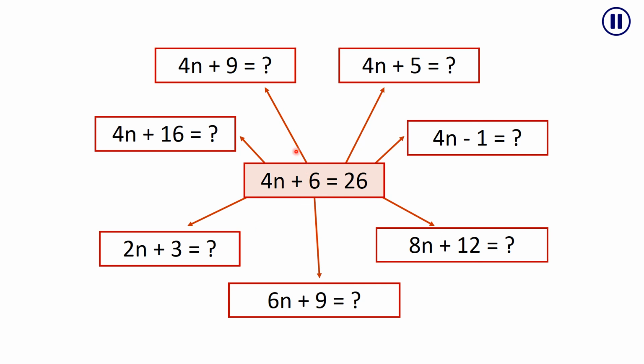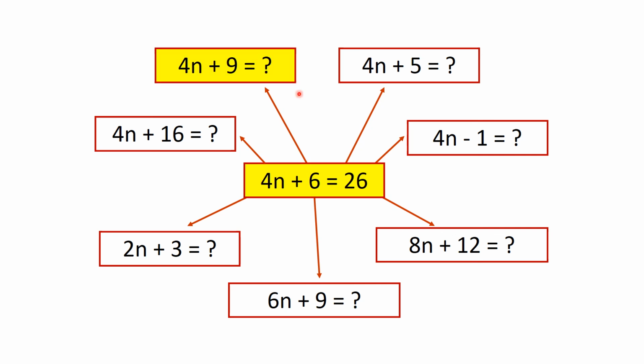Essentially, we're asking the pupils to think about what they have done to both sides to go from 4n plus 6 equals 26 to, for example, 4n plus 9. Once they've worked that out, we need to figure out what the new right-hand side is, the repaired side.